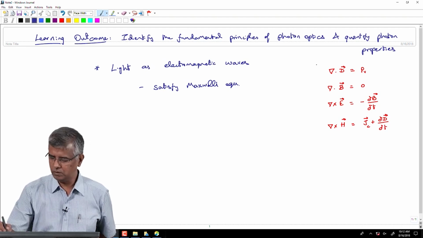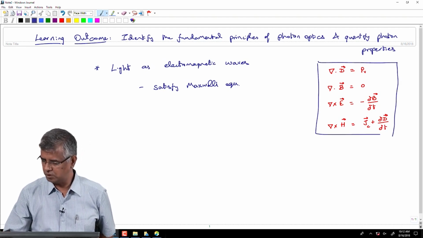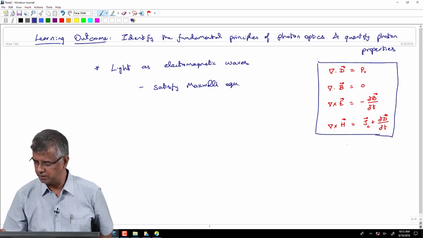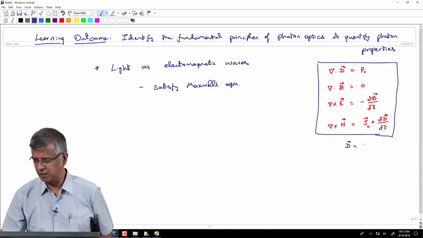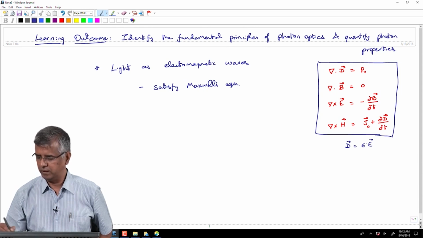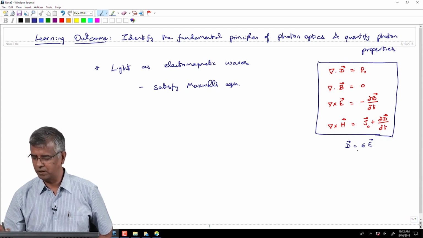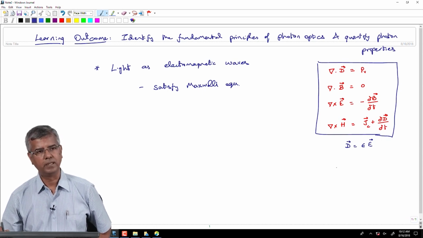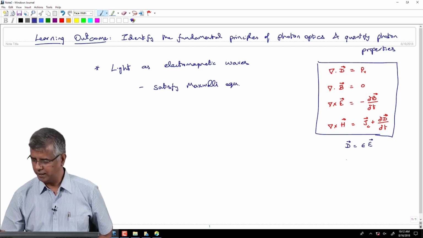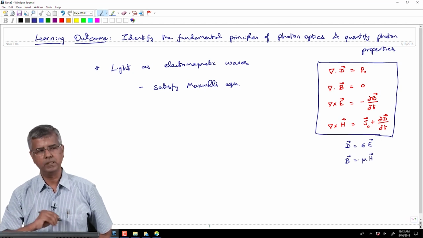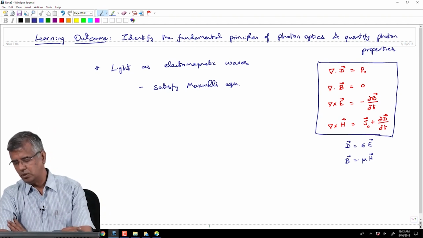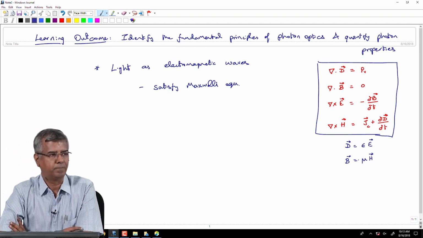So, all of this constitutes Maxwell's equations, with of course the constitutive relationships, which say that your electric displacement current density is related to the electric field intensity through this parameter called epsilon, which is permittivity, and similarly the magnetic flux density is related to the magnetic field intensity through mu, which is the permeability, right.